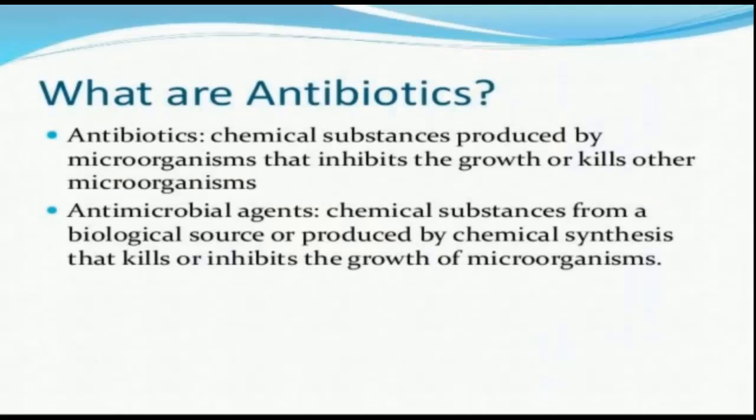Antibiotics are chemical substances produced by microorganisms that inhibit the growth of or kill other microorganisms. So basically, antibiotics means against life. But what kind of life is it against?